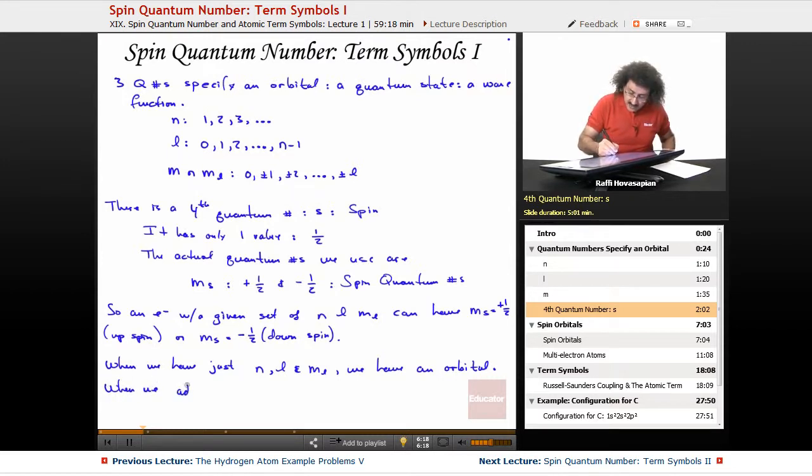When we add the fourth quantum number, m sub s, we're now going to call it something else. Instead of an orbital, we're going to call it a spin orbital.